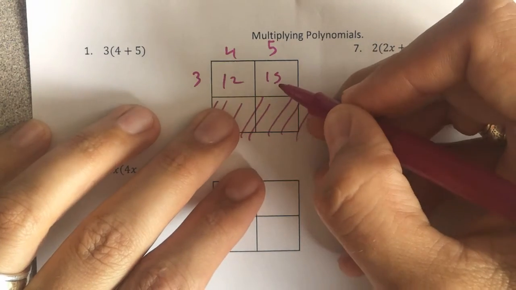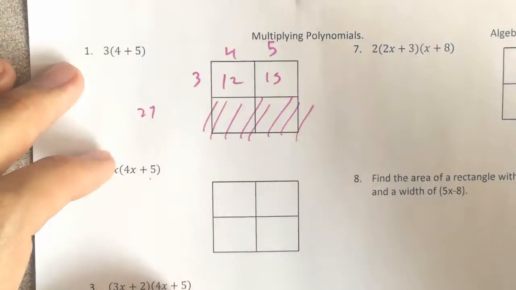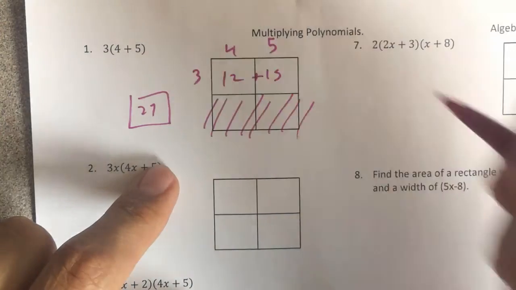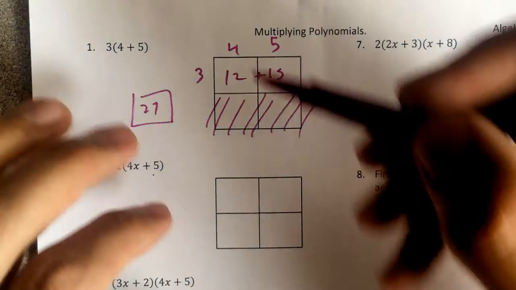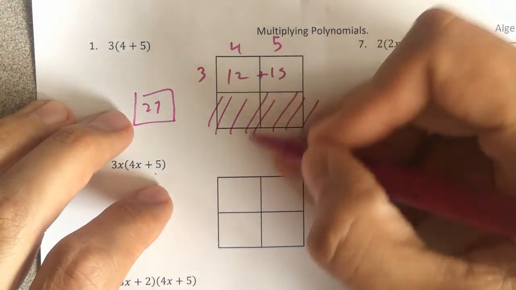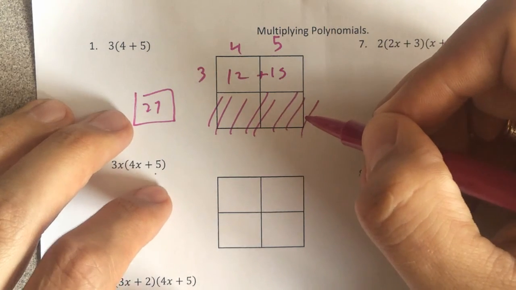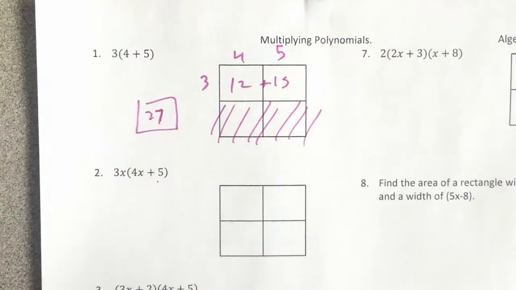Well, what is 12 plus 15? That is 27. So this one is equal to 27 because we're going to add those up. What I like to think of it as, this big box in the middle, this cross right here, that's a big addition sign. So this is 27, 12 plus the 15.